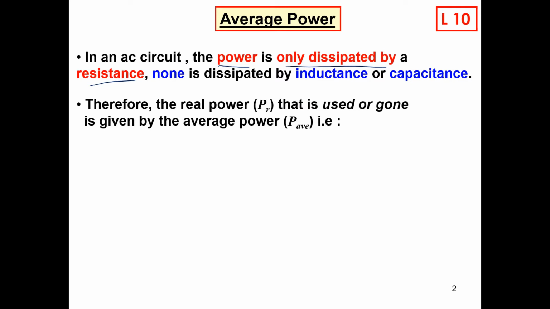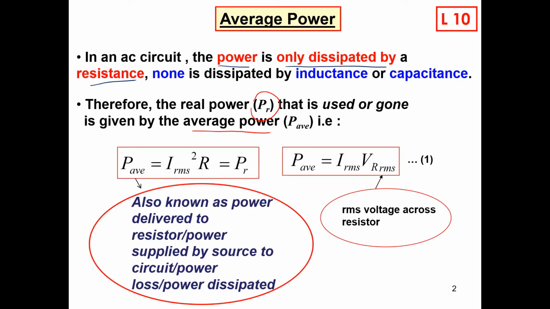Therefore, the real power is also known as the average power. The equation for average power is I RMS squared R, because the average power is only dissipated by a resistor.